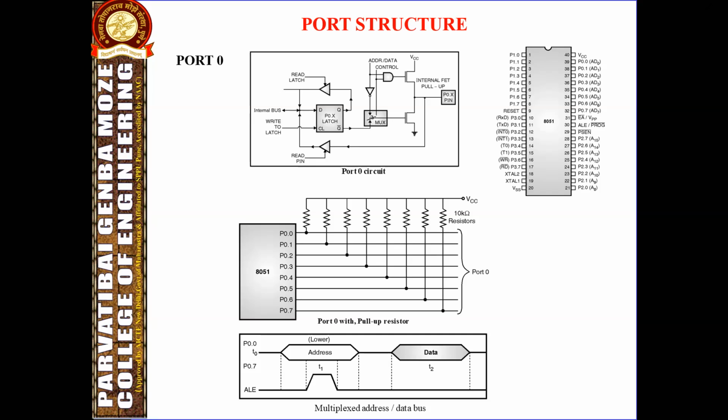See here, this organization is used for accessing address or data operations. By using a control signal we can set read and write, or data transmission or lower order address.